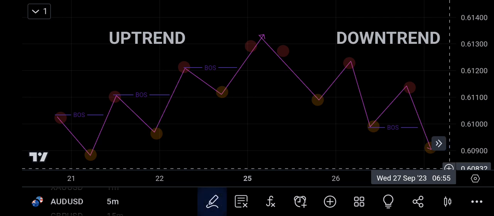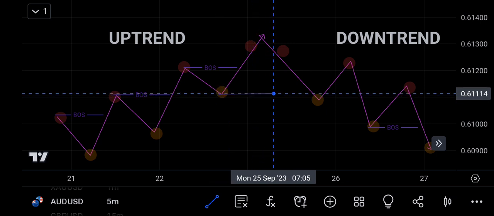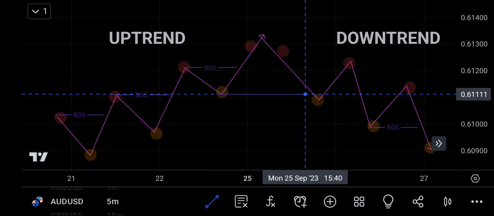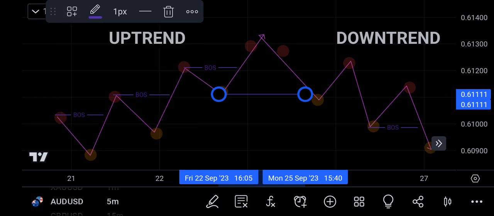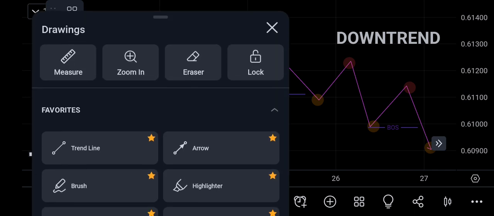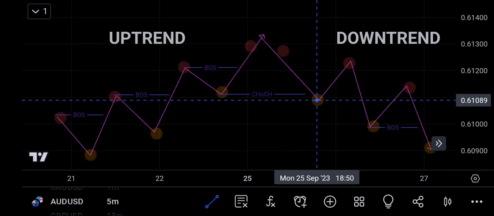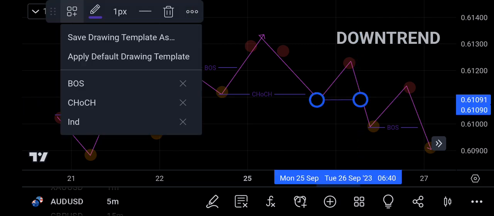And this point at which the market took out this low, the most recent swing low, is called change of character. Then we see that the market is now interested in going downwards, so we mark this as break of structure.